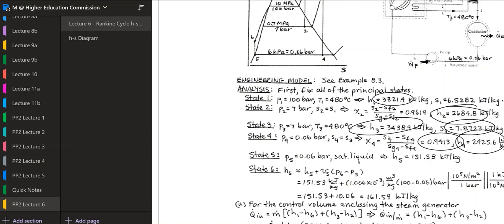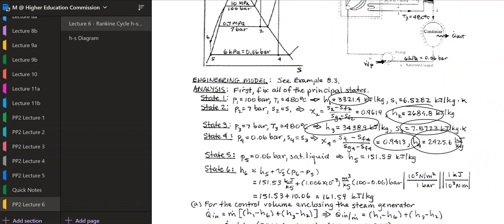So if you check it from the steam table and using the Mollier diagram, it is almost 98% correct. You will have a little bit of difference in the last digits, which I would say is an acceptable value.